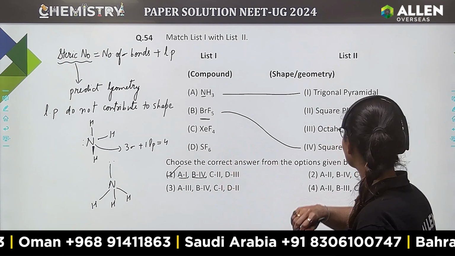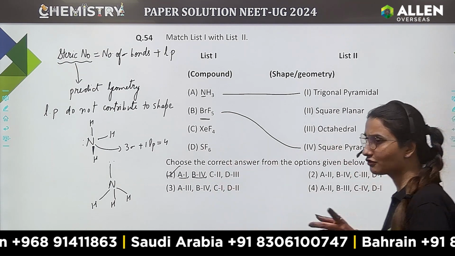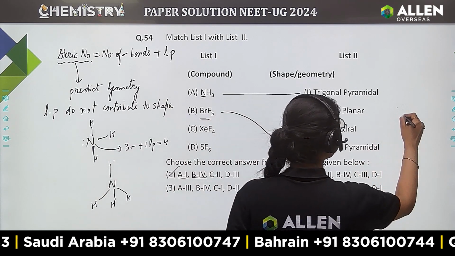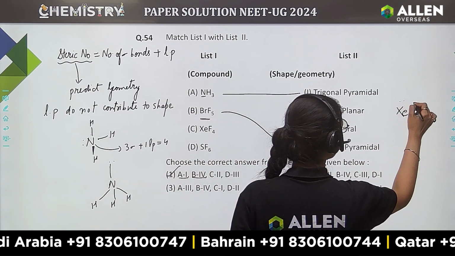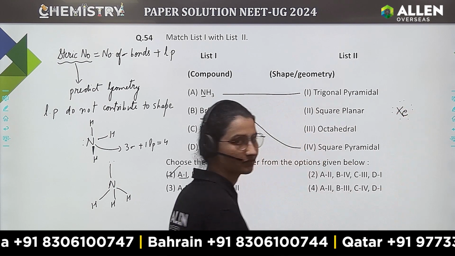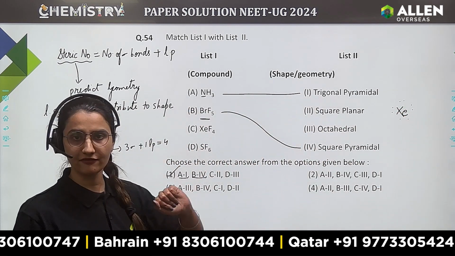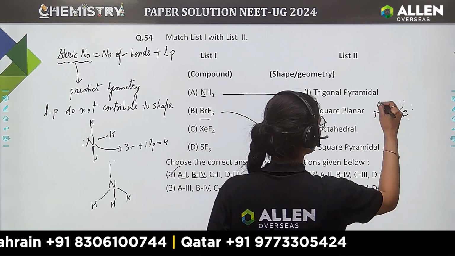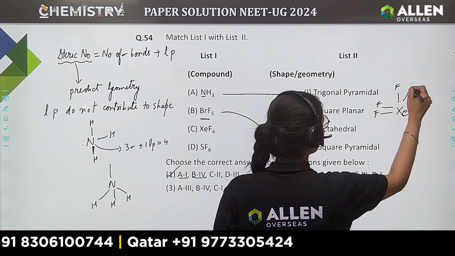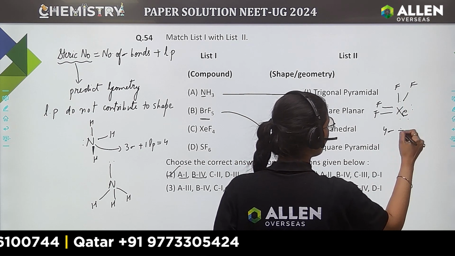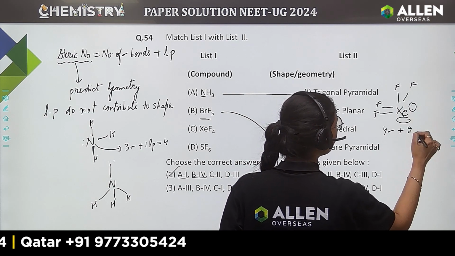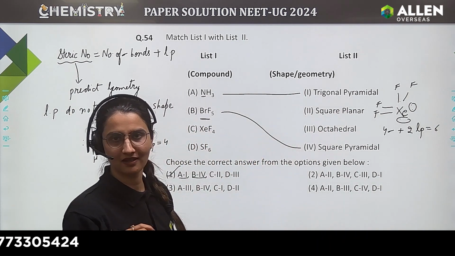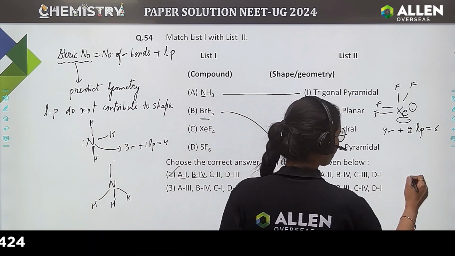Let's proceed to XeF4. Students, you know, Xe is an element of what? Group 18. How many valence electrons is it supposed to have? 8. But how many F is it attached to? 4. If I attach 4 F, yes, it has 4 sigma bonds and 2 lone pairs, making steric number 6. In steric number 6, what is the geometry?